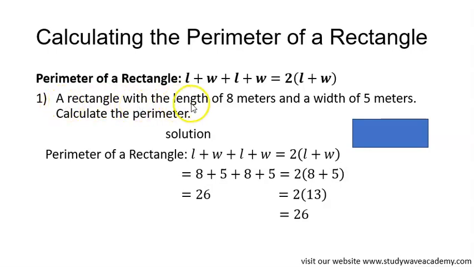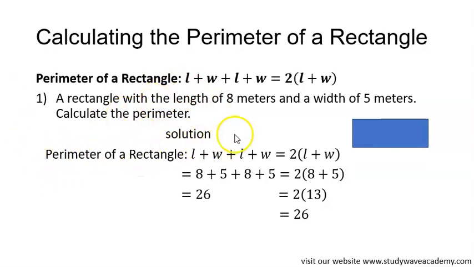A rectangle with a length of 8 meters and a width of 5 meters. Calculate the perimeter. What did we say the formula for the perimeter of a rectangle is? L plus W plus L plus W, or 2 bracket L plus W, right? So we're going to use this formula to calculate this question, okay?